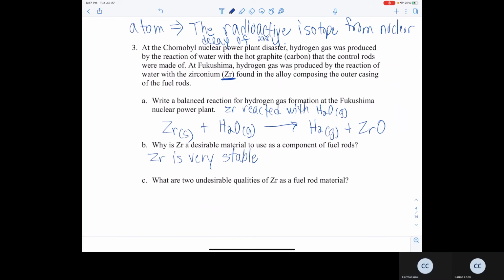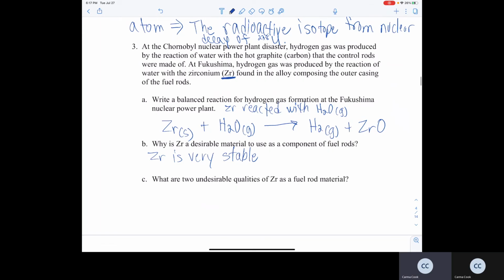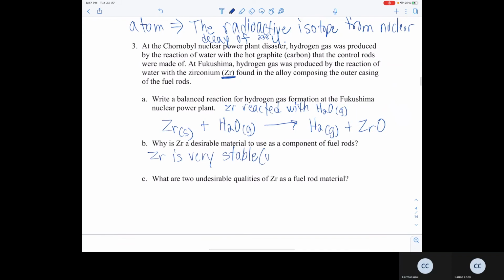Zirconium is used in the fuel rods that hold the uranium material because zirconium is not very reactive. It's very stable under normal conditions.